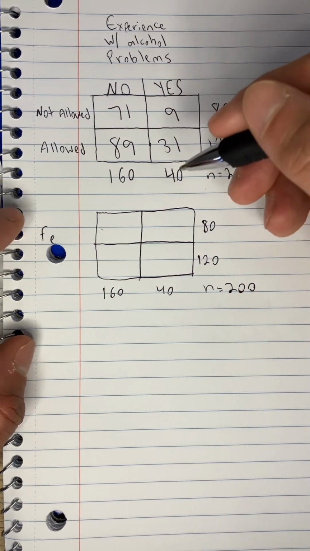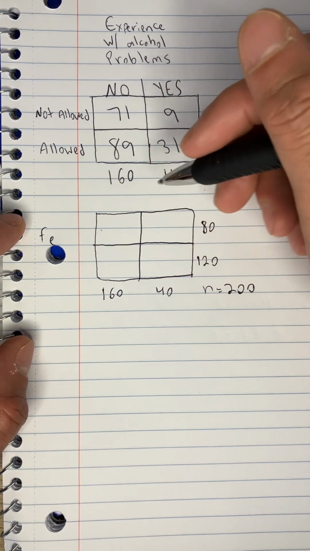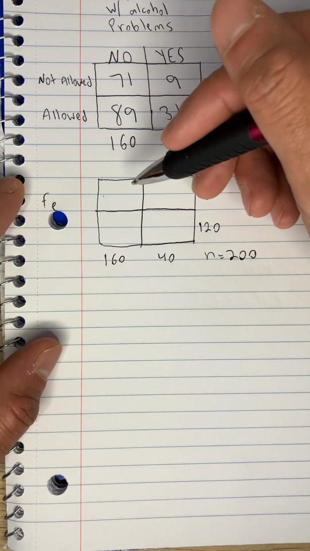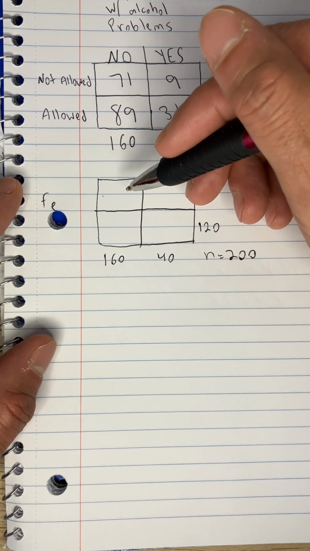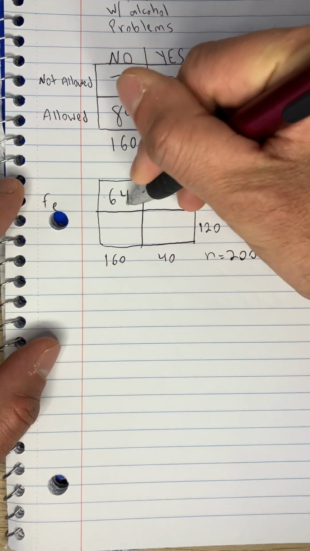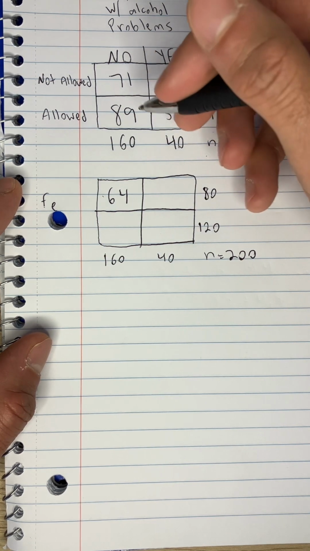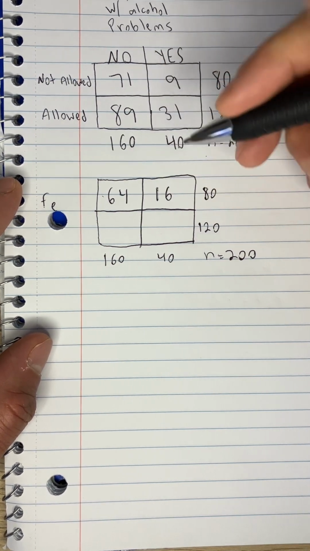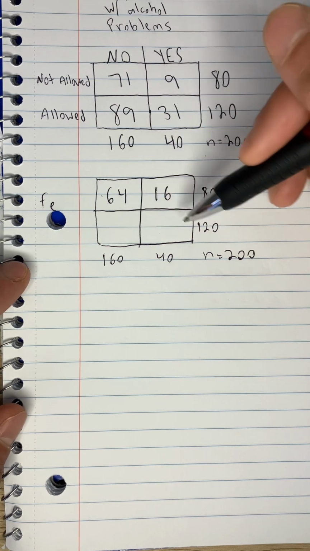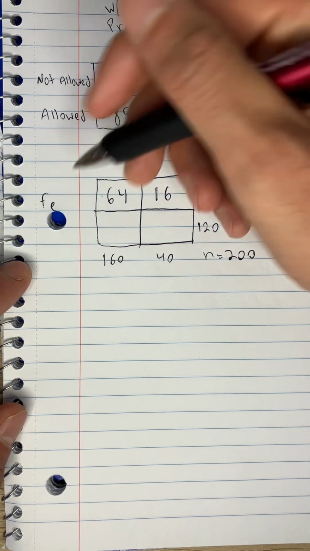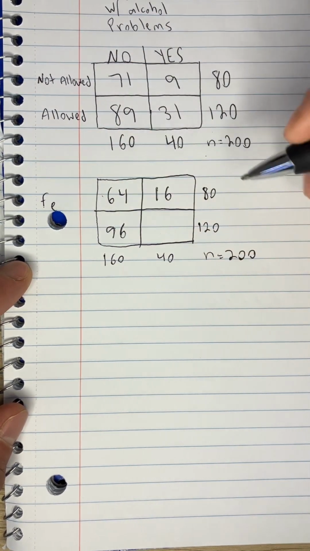So I pre-calculated these already. 80 times 160 over 200, that's 64. 80 times 40 over 200, that's 16. 160 times 120 over 200, 96.